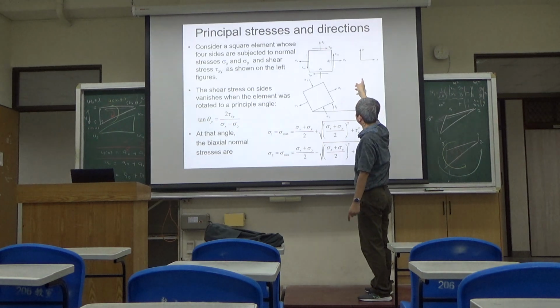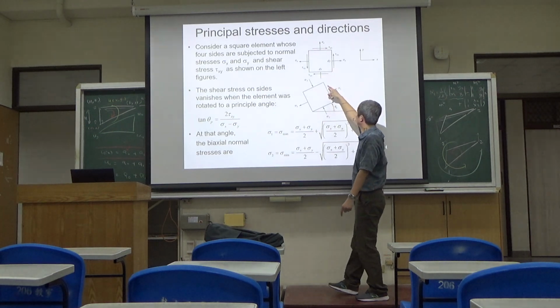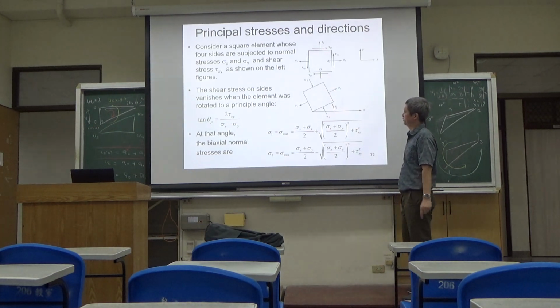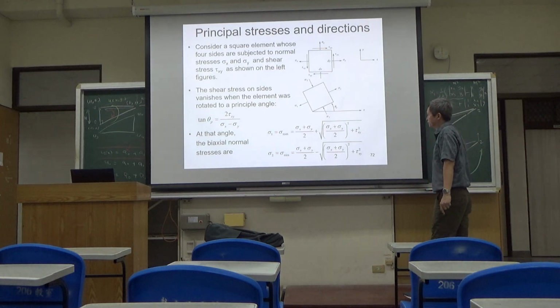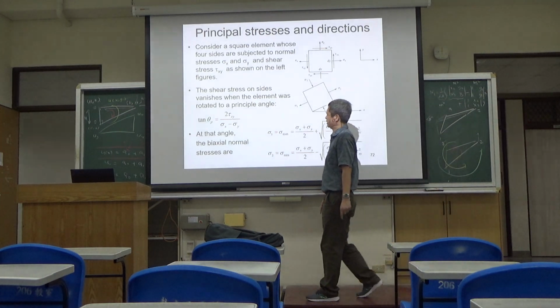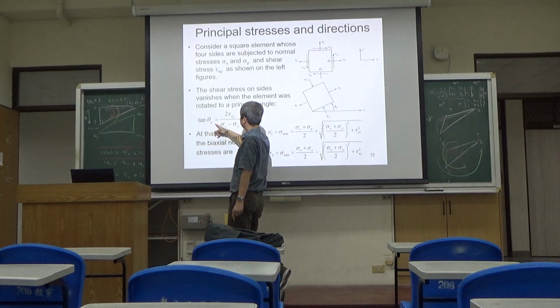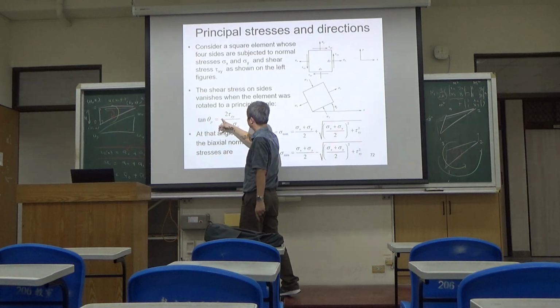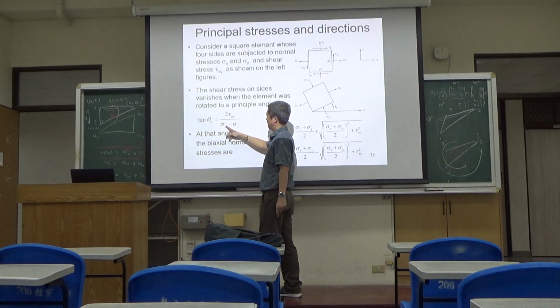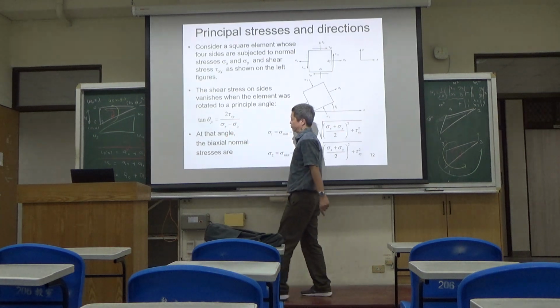You have stress in the x direction, stress in the y direction, and then shear stress. But if you want to find the principal stress, then you have to find the principal angle, which is the arctangent of 2 times the shear stress over the normal stress difference.